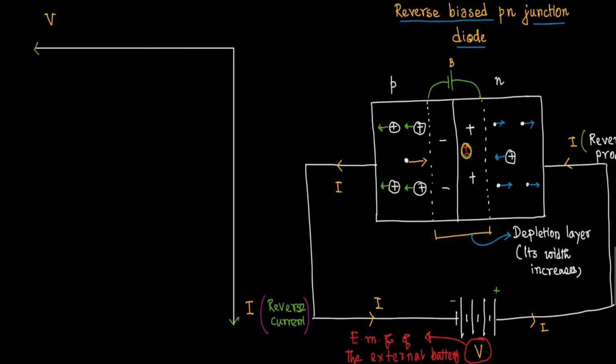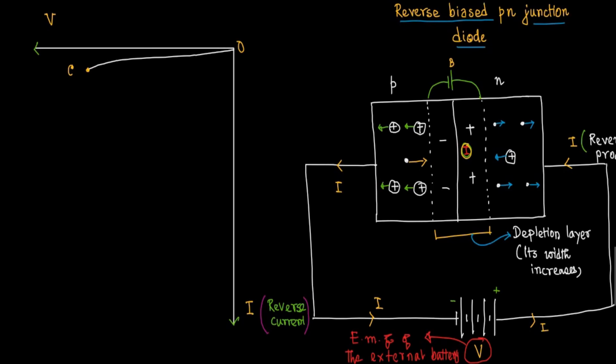Now we can plot. This point is the origin O, and now we can plot the reverse characteristics. From O to A, say this point is C. Up to this point, current increases negatively exponentially.